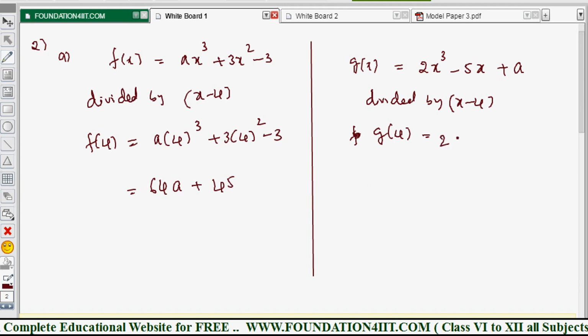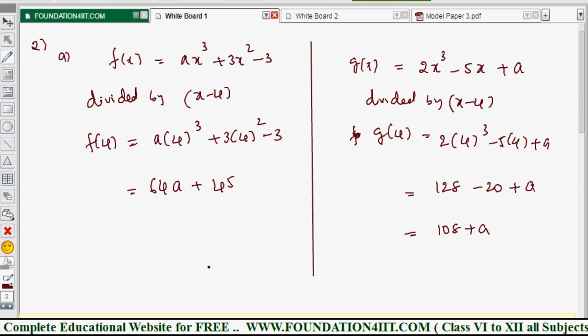And g of 4 is 2 into 4 cube minus 5 into 4 plus a. So 64 into 2 is 128, minus 20, plus a. So that is 108 plus a, right?